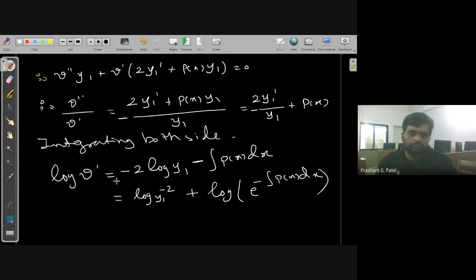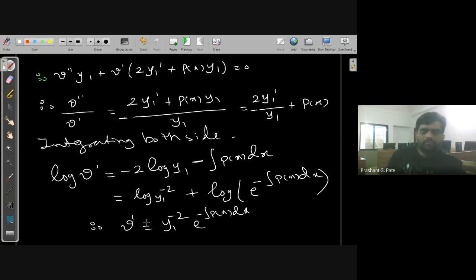So if I now apply antilog on both sides, this will give you v dash is equal to y1 raised to minus 2 into e power minus integration of p of x dx. So this is the value of v dash we have.